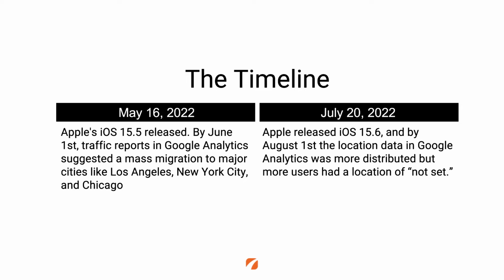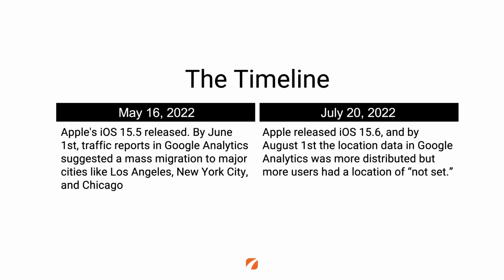Most of the Apple users had updated their devices by that June 1 timeframe. And what we saw in that window, especially if you're looking at smaller or suburban areas, was this mass exodus of users moving from smaller towns into major cities like Los Angeles, New York, Chicago. Right? It sort of looked like the whole world upped and moved into those big cities.